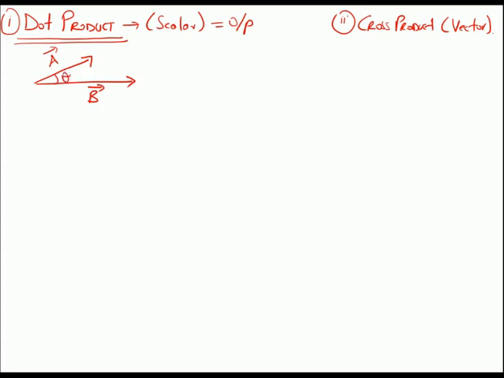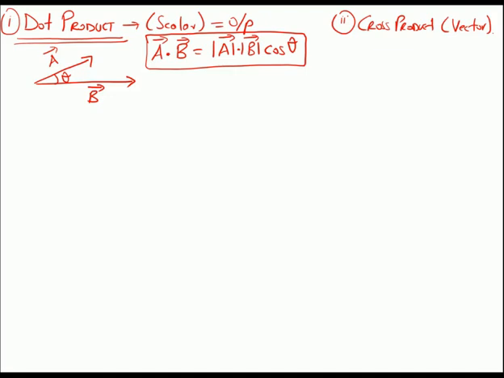So dot product basically tells us the relationship between vector A and B. We write it as vector A dot B. Mathematically, you take the magnitude of vector A and the magnitude of vector B, and you find the angle between them, which is a cos theta identity. So this is how we apply the formula to find the dot product between two vectors.